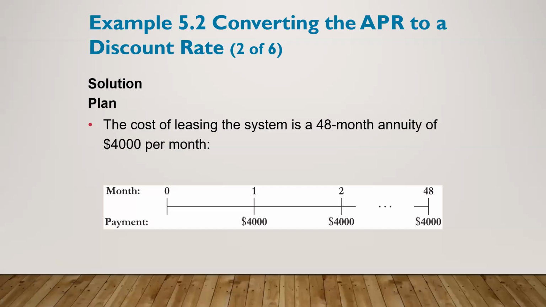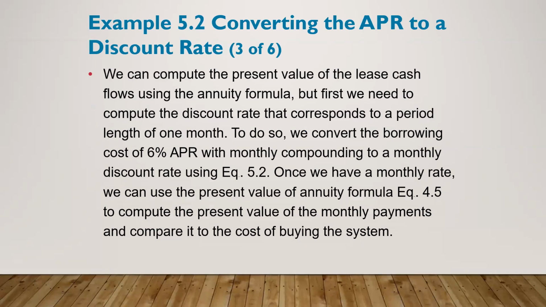Let's see. The cost of leasing the system is a 48-month annuity of $4,000 per month. We can compute the present value of the lease cash flows using the annuity formula, but first we need to compute the discount rate that corresponds to a period length of 1 month.